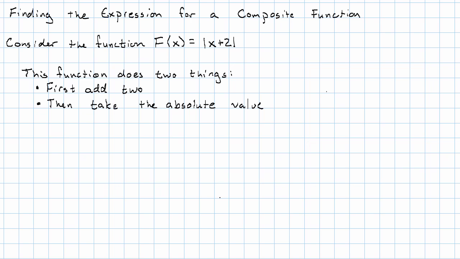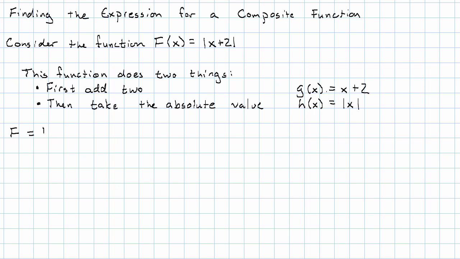So this function, for example, if we say, okay, well, let g of x be the function that just adds 2, and h of x be the function that just takes the absolute value, then our function f, let's see, we do g first and then h.